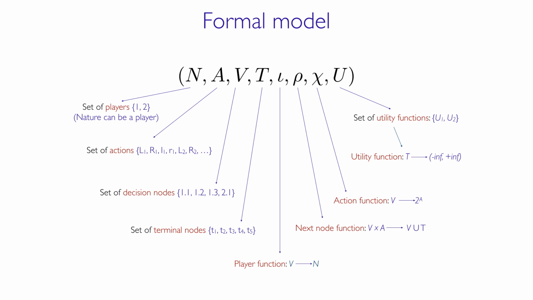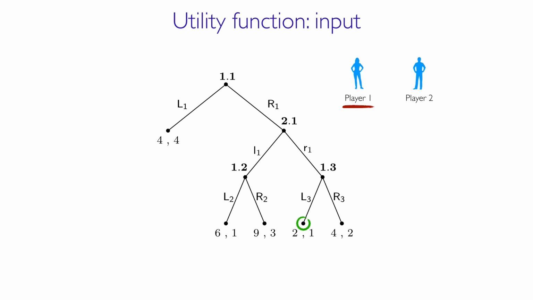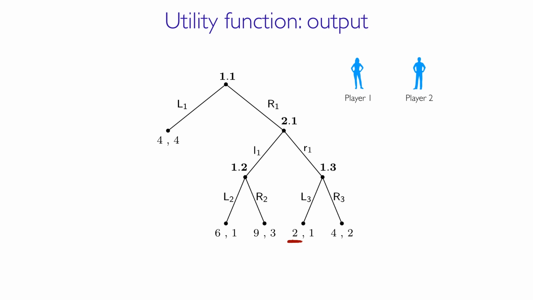That is a function returning the utility of a player given a terminal node. Usually a player is considered a utility maximizer, that is, the larger the utility, the better for the player. For instance, given the terminal node marked with a green circle and player 1, the utility of that player is 2.